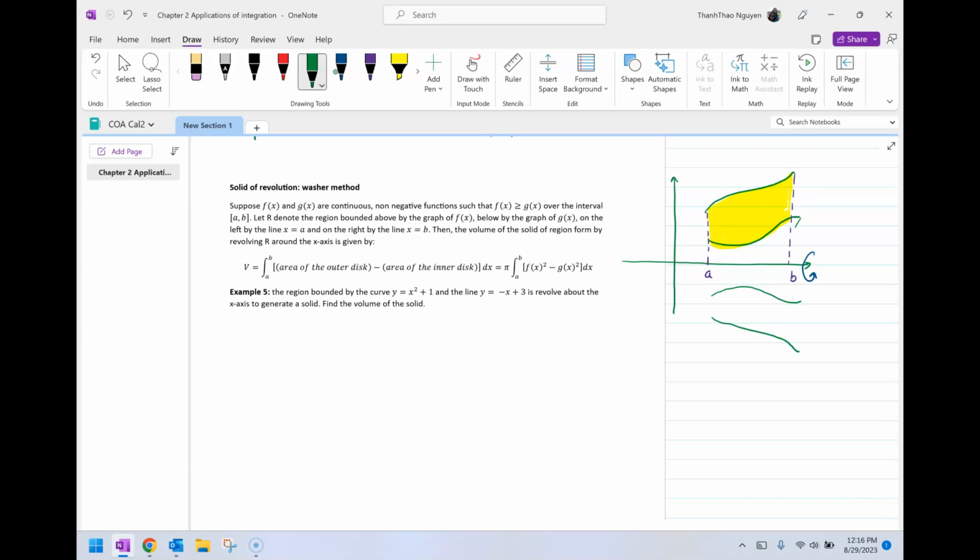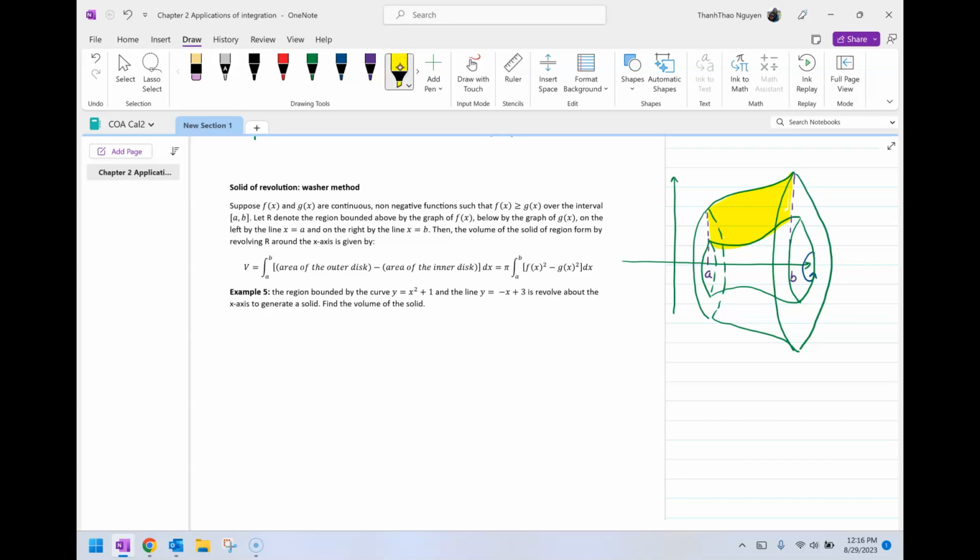And it's got a hollow in the middle, as you can see. So the figure that we get is kind of like a vase with a hollow in the middle.